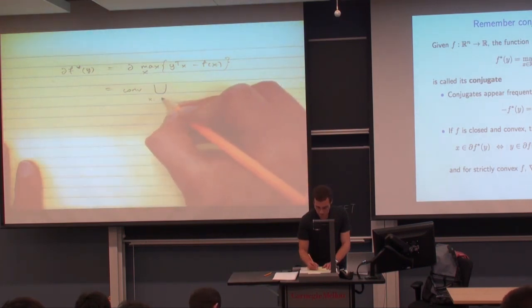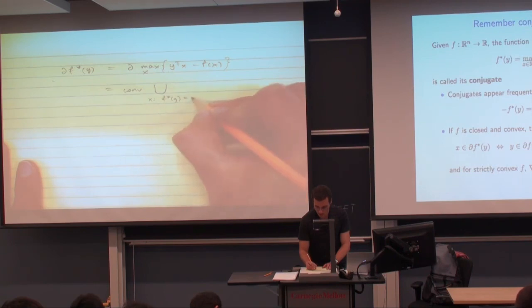So we can write this as f star y equals y transpose x minus f of x.